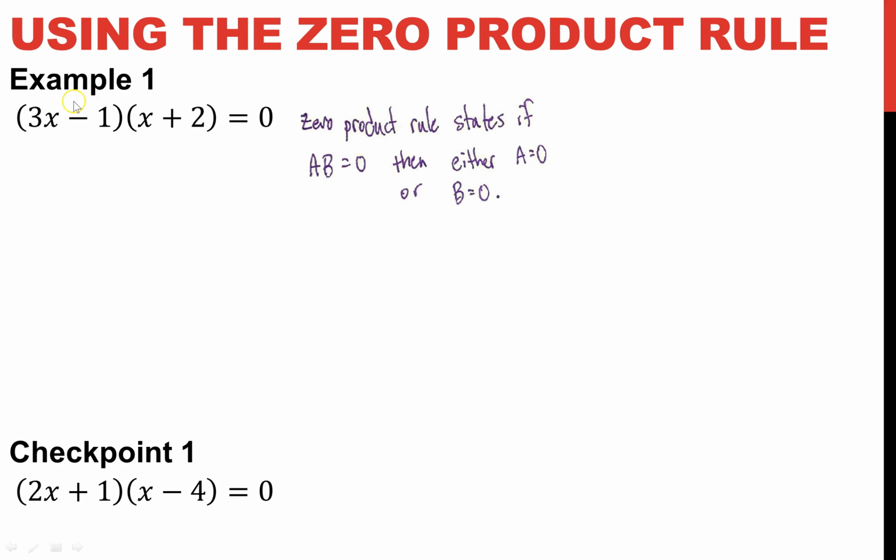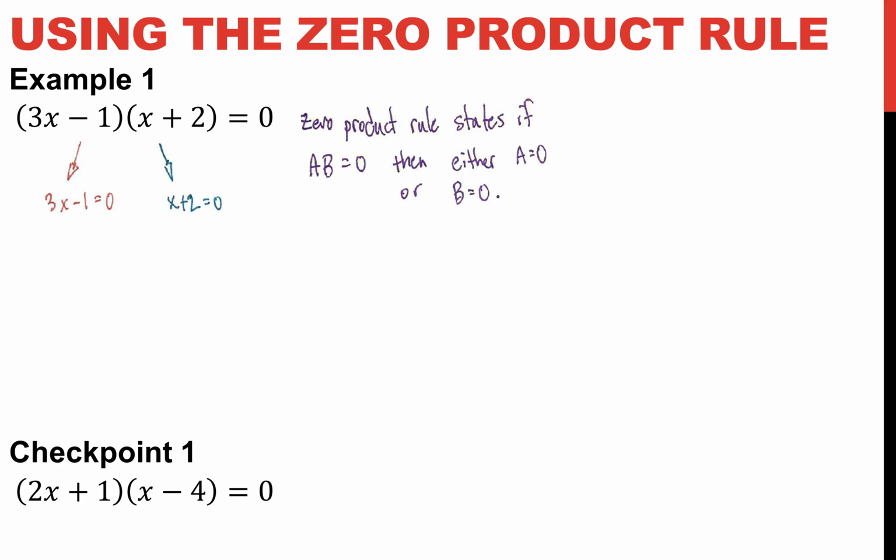This is a quantity, like A, times x plus 2, a quantity like B. If I am multiplying them together and I have an equal 0, then what I can do is actually split them up and have them both equal 0. This gives me the solutions to this quadratic equation.